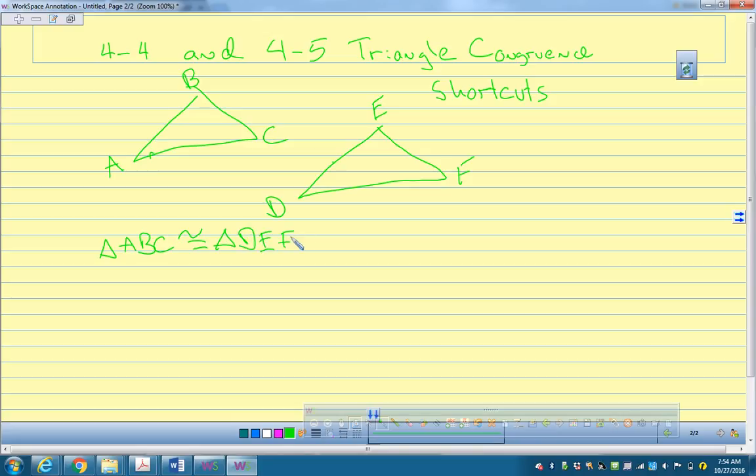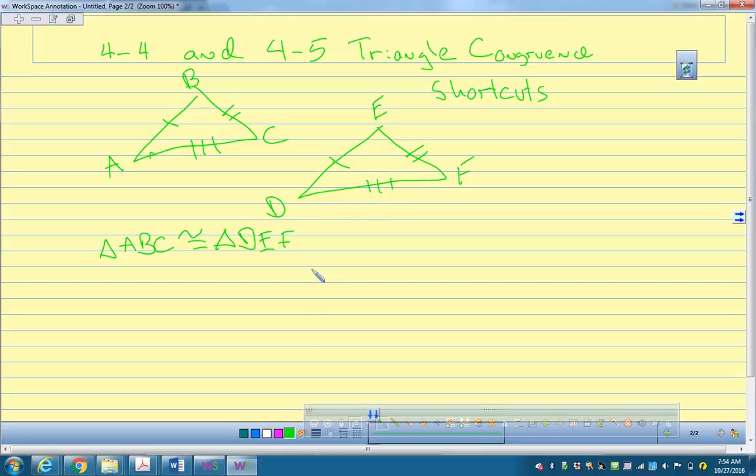What does that mean? Equal what and what? Size and shape, right? And if they're congruent, that means that every single piece is congruent. So side AB is congruent to DE, right? And side BC is congruent to which side? EF. And AC is congruent to DF, right?